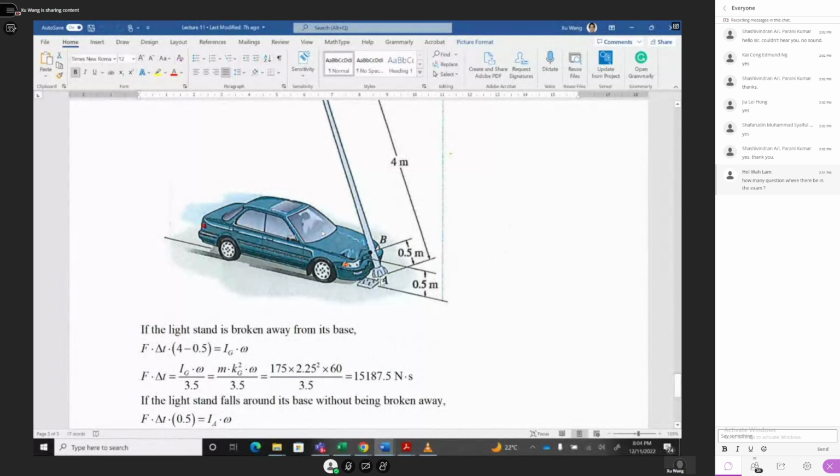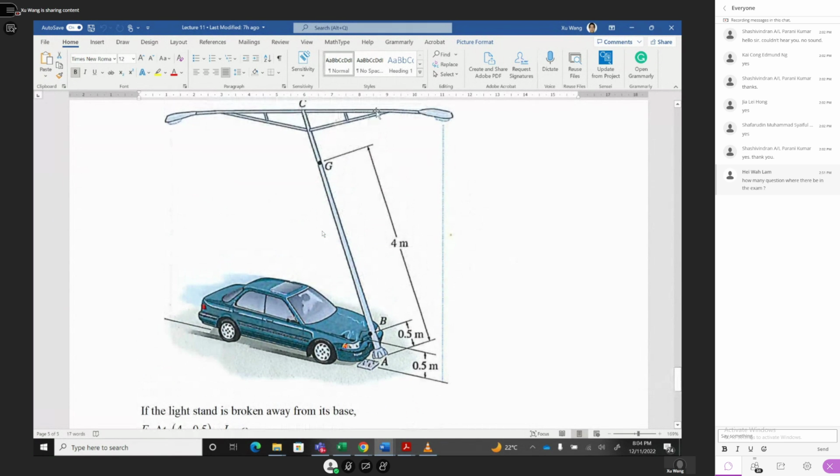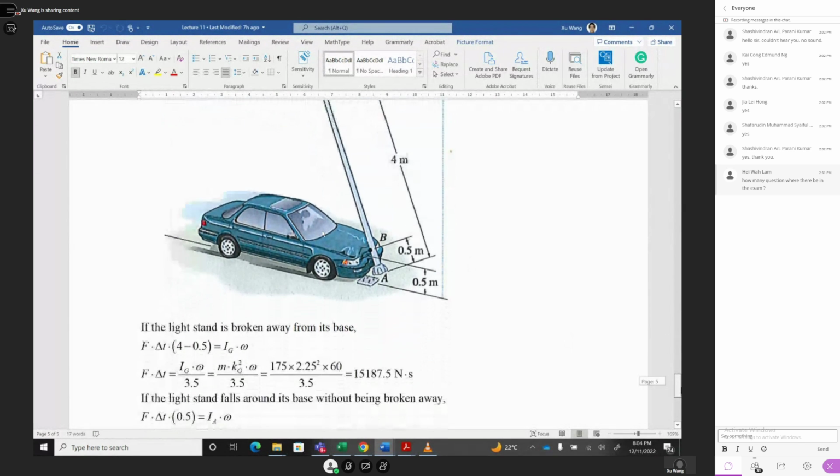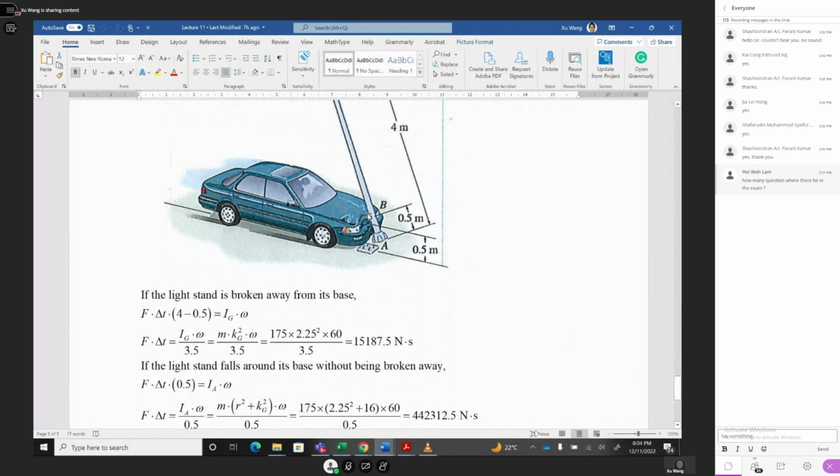However, if the pole falls along the base, if the base is not blocking it, falling along the base without blocking, it means the whole pole will fall and the pivot point will be A, if that is what happened. So there you have impulse F delta t multiplied by the distance to the rotation center A, which is 0.5.